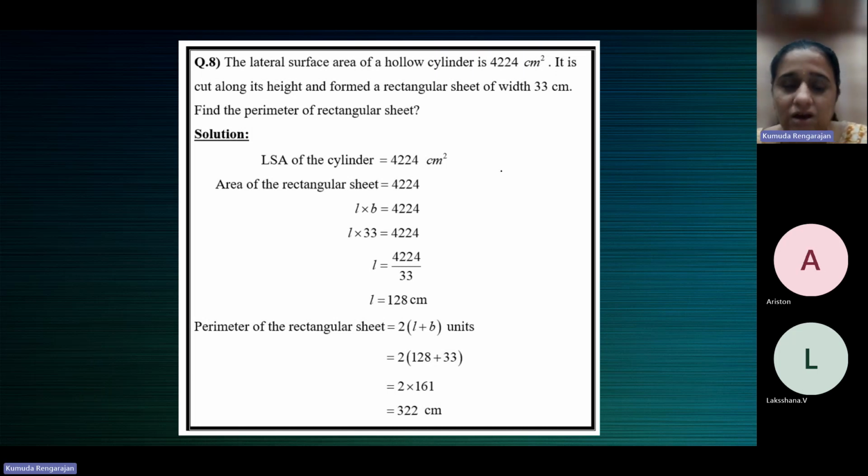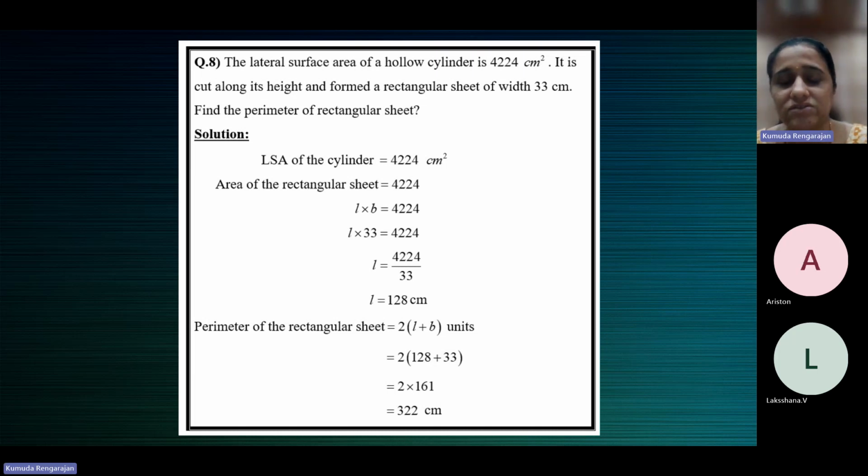So in this question, a hollow cylinder is cut along its height and spread open. So what you see is a rectangular sheet. The width of the rectangular sheet is given to you, 33 centimeters. So using this, you have to find the length of the rectangular sheet.